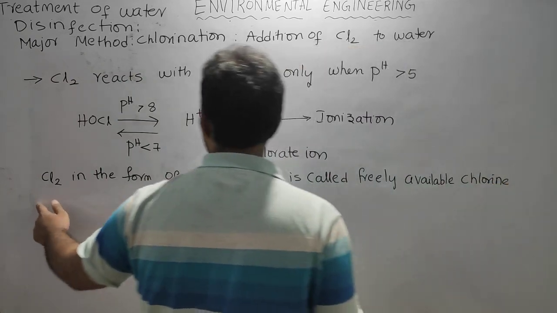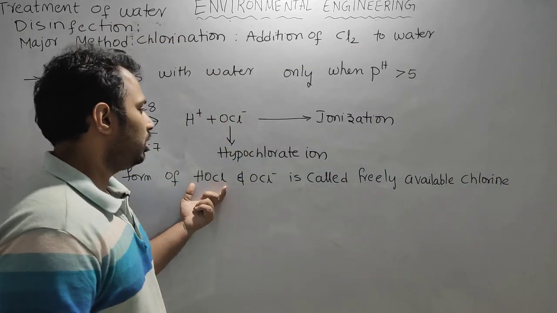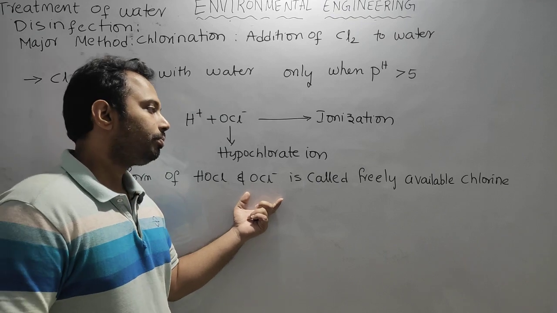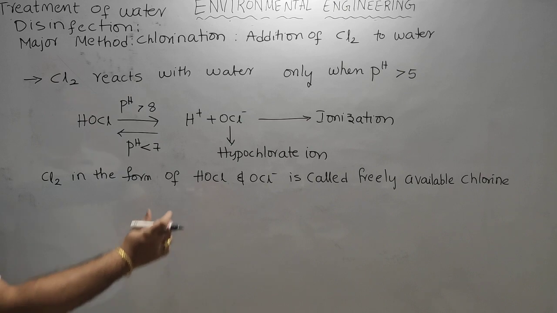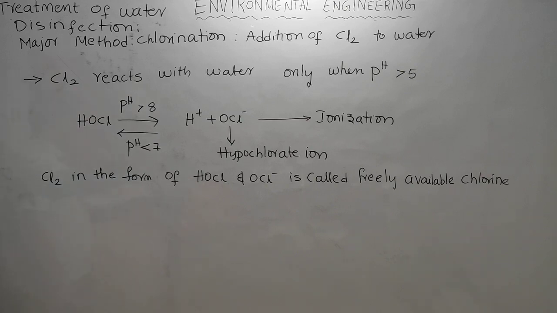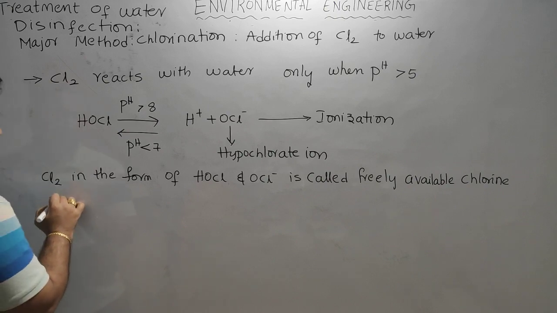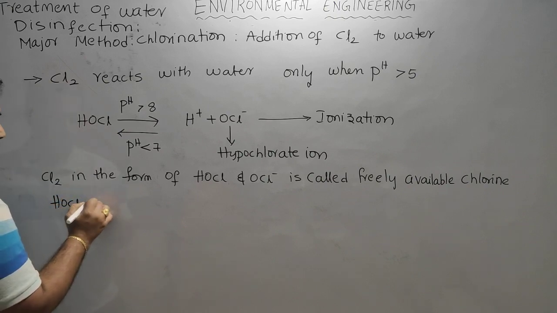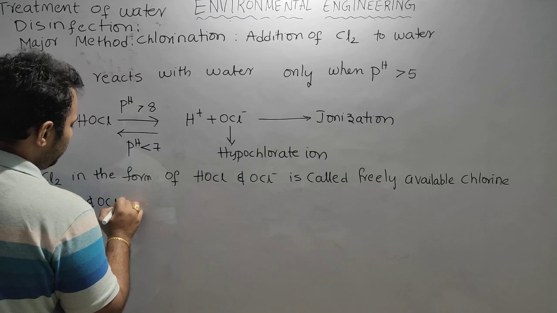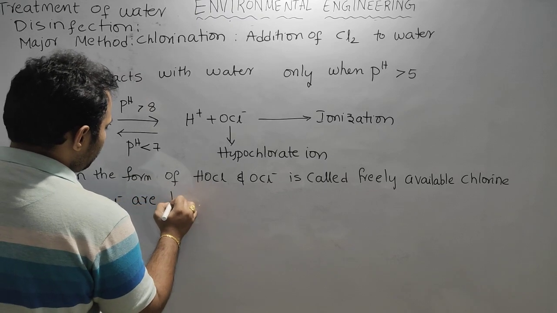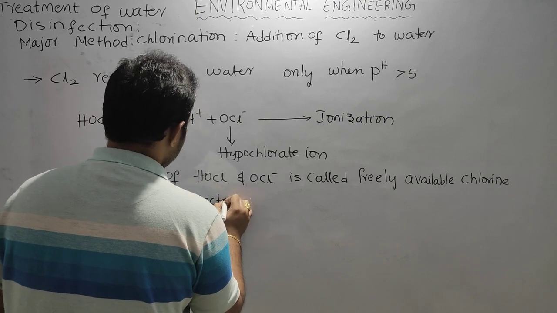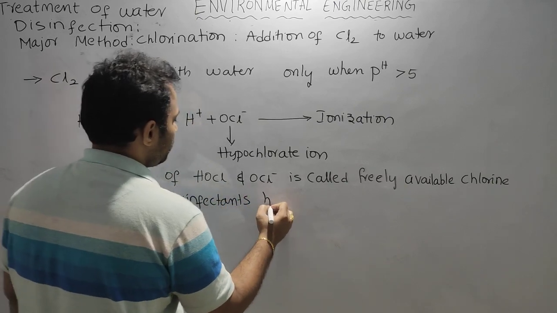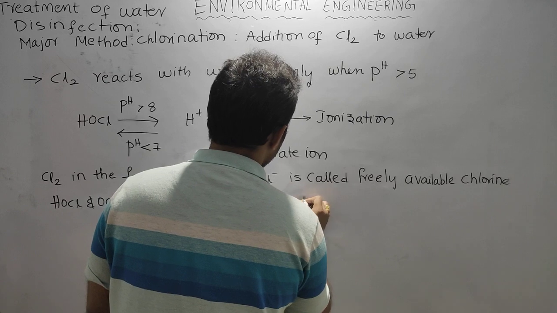These two are the disinfectants. HOCl and OCl minus are disinfectants that help in killing microorganisms.